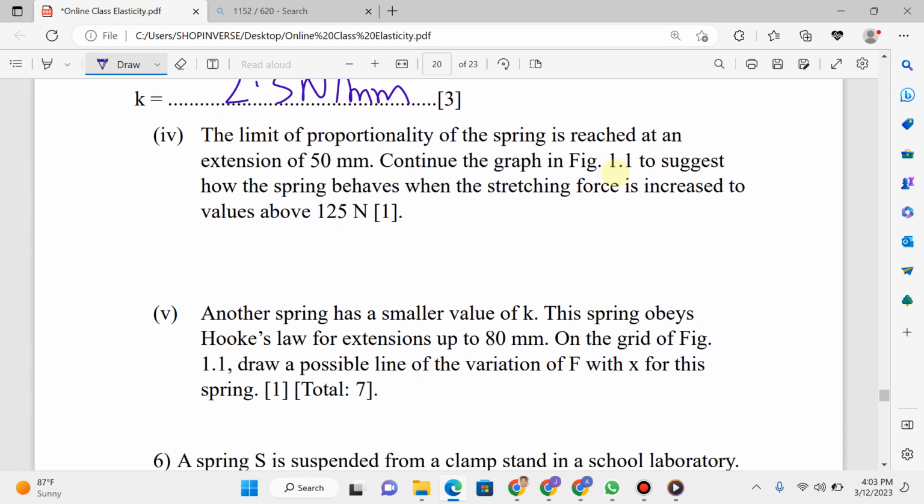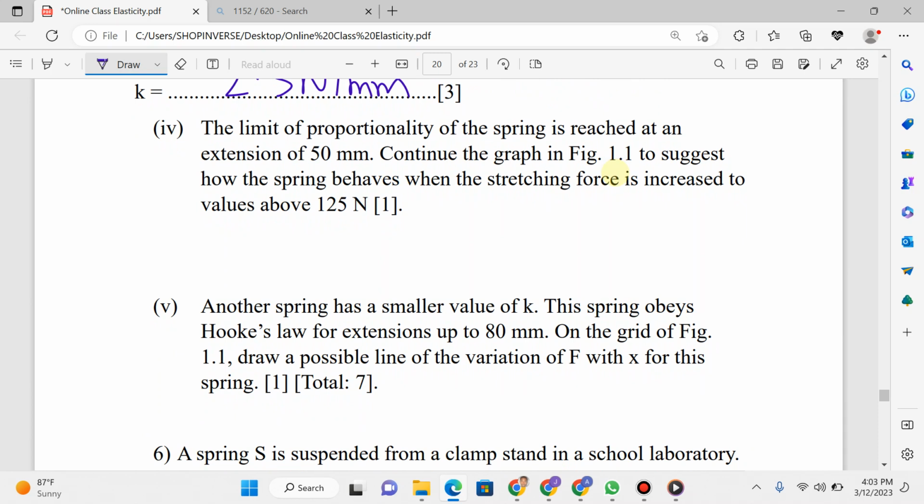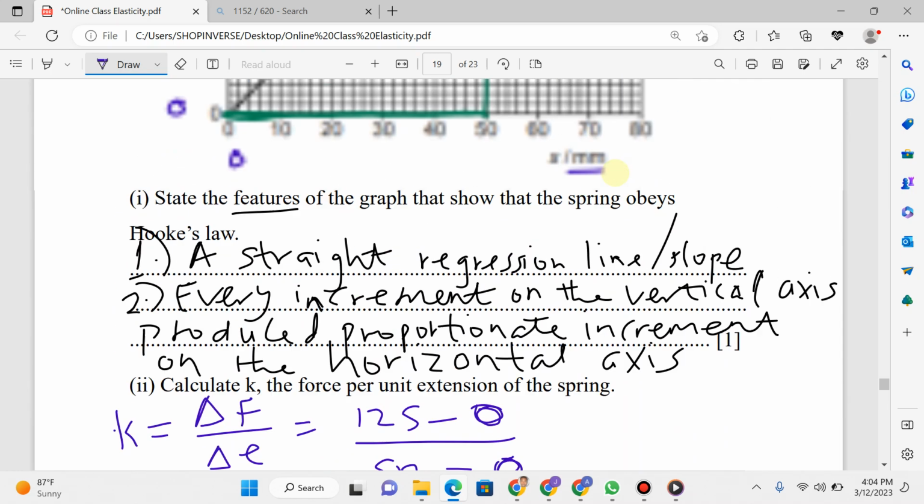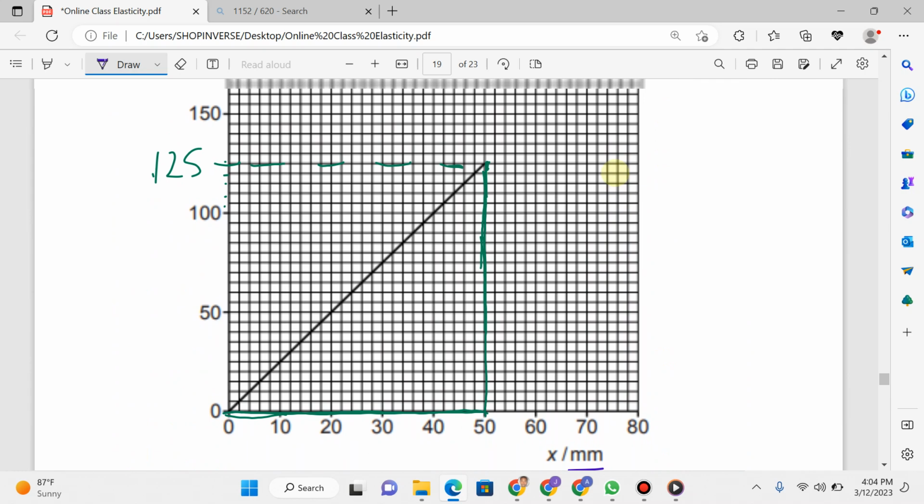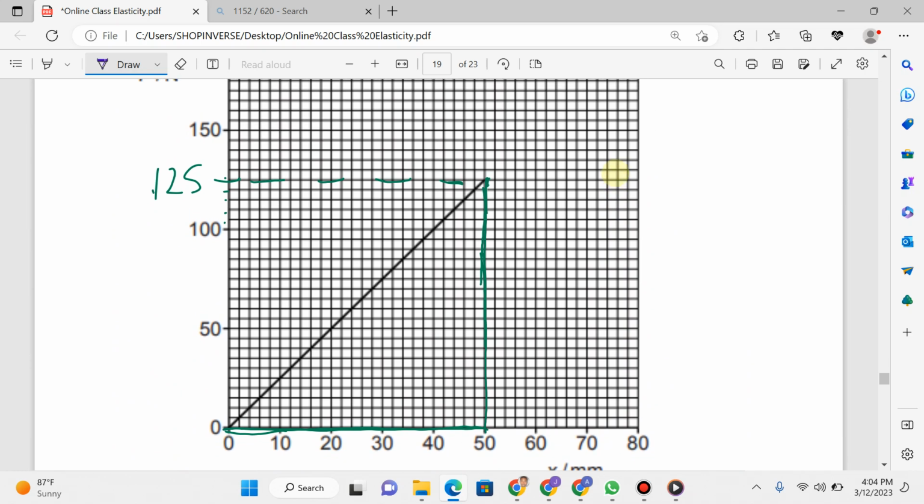The limit of proportionality of the spring is reached at an extension of 50 millimeter. Continue the graph in figure 1.1 to suggest how the spring behaves when the spring stretching force is increased to values above 125 Newton. So when you apply forces above 125 Newton, what happens? The graph becomes like this.